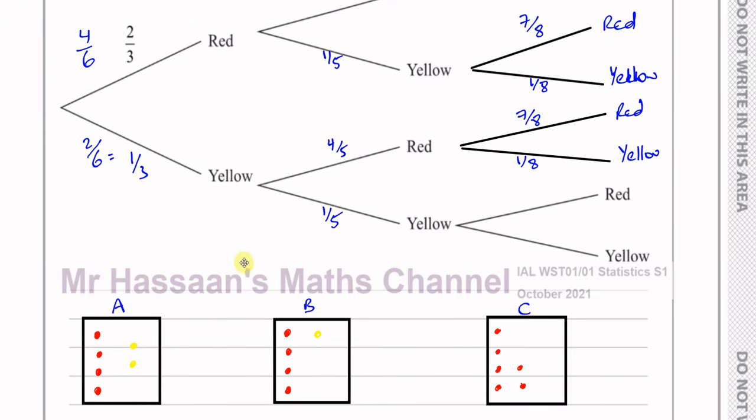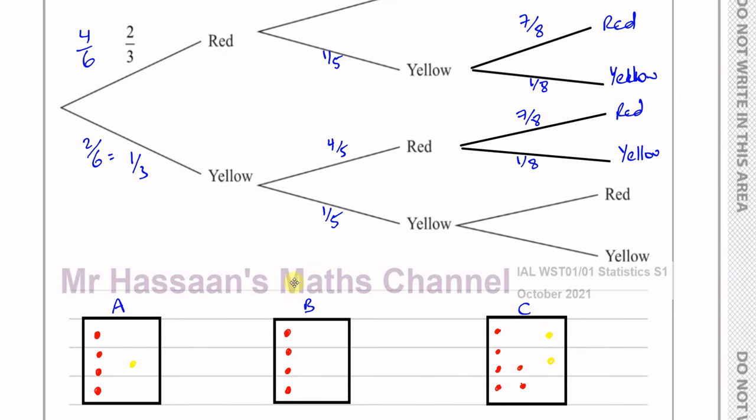Now let's start from the situation where he's picked a yellow and he's put it into here. And then let's take the situation that he picked a yellow again. The probability of picking a yellow is 1/5, but he's put it over there. Now we get to the situation where he's going to take the third pick from bag C. He picked a yellow from bag 1, and the probability of doing that was 1 out of 3, which is 2 out of 6.